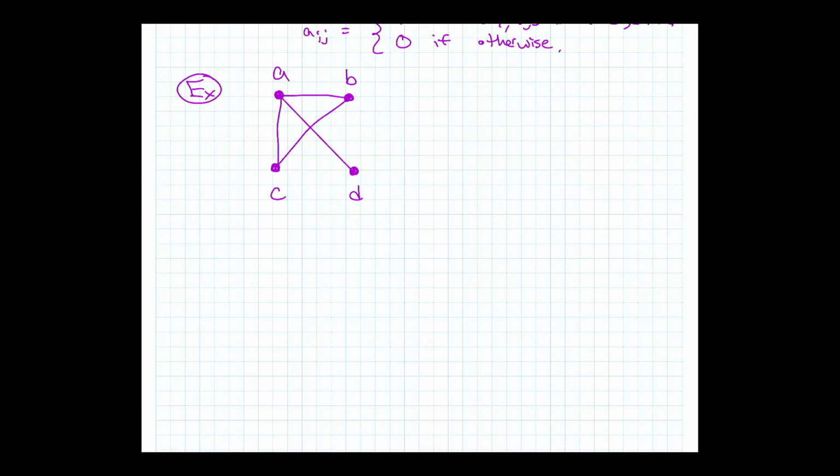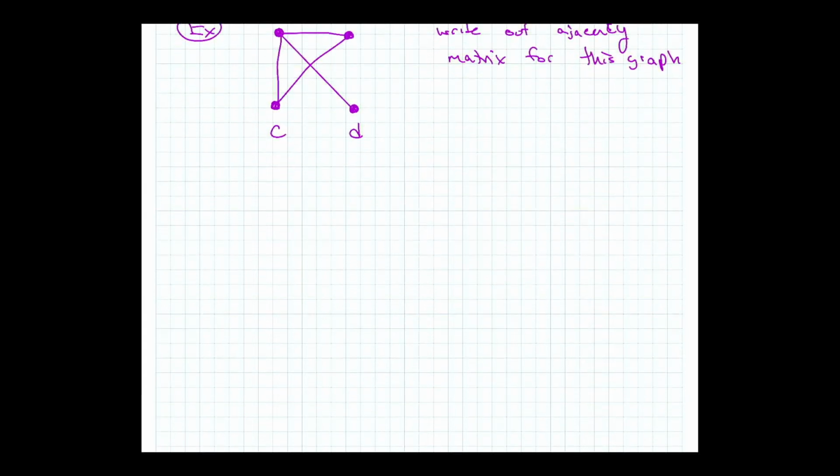And if you want to write the adjacency matrix for this graph, let's do it. So here's what you do. First of all, it's a matrix, which you must have written at some point in your life.